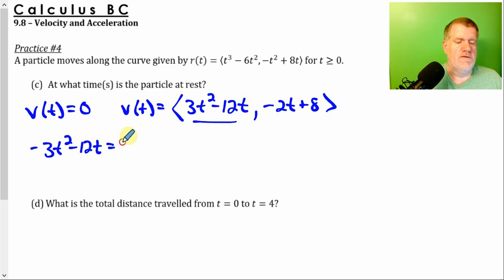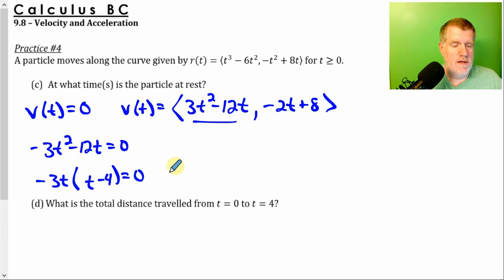We want to know when that equals 0. I would get, oh, a t is left. t minus 4 equals 0. Sorry, can't multiply. Which leads me to the conclusion that I have two possibilities, t equals 0 or t equals 4. And now I'll take this one.